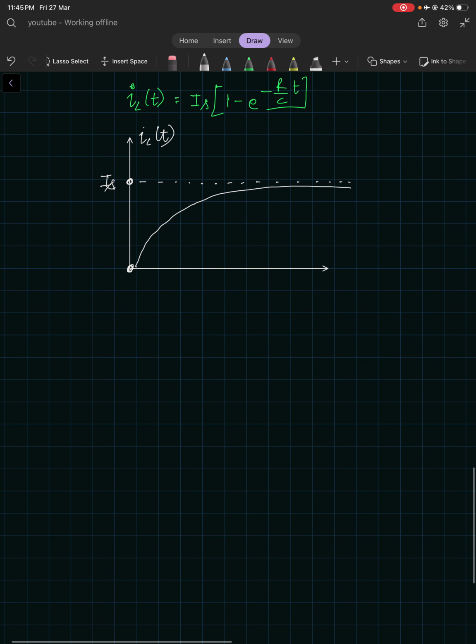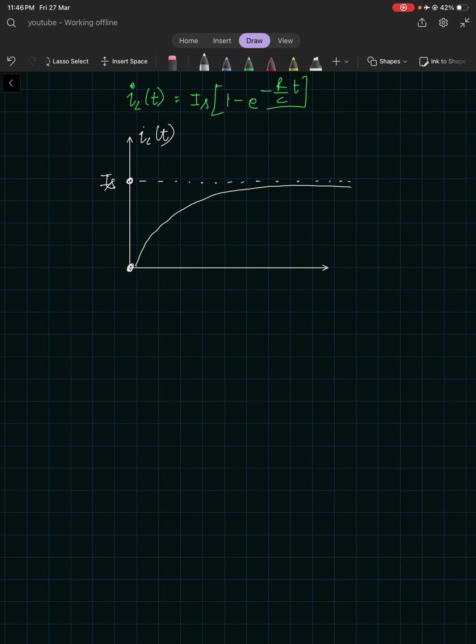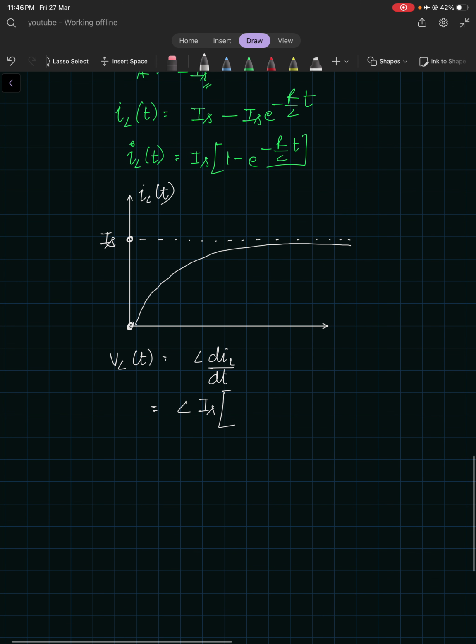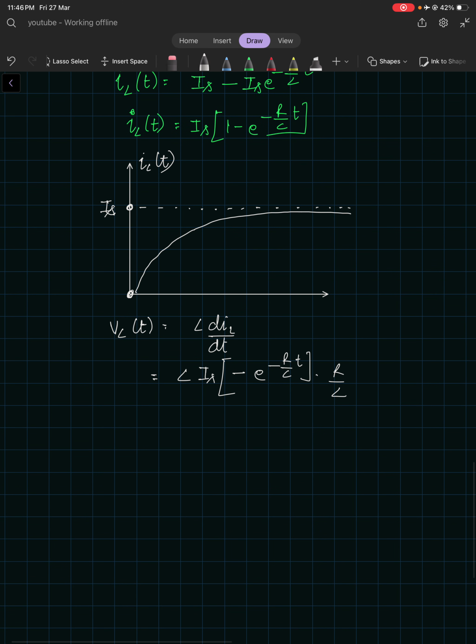Let's see what is the behavior of VL. VL is like L dIL by dt. So L here, and what is dIL by dt? IS into 1 minus e power minus R by L into T, into R by L, with the minus sign.